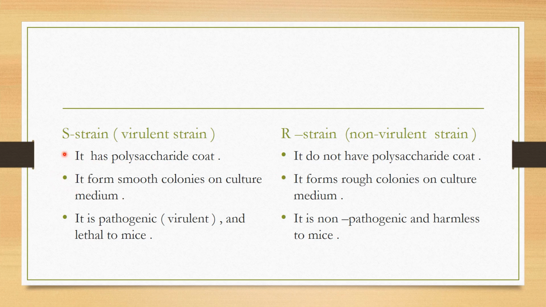The S strain is called so because it forms smooth colonies on culture medium, while the R strain forms rough colonies. The S strain is pathogenic, meaning disease causing and lethal to mice, while the R strain is non-pathogenic and harmless to mice.